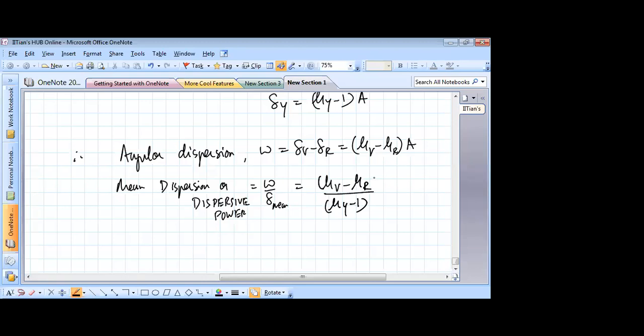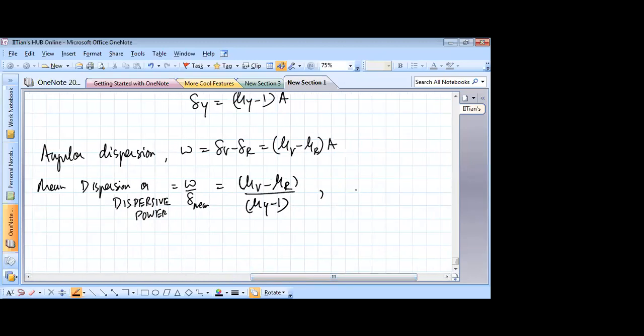Okay. So these are just a couple of formulas to remember, where in case mu of yellow is not known separately, then approximate it as the arithmetic mean for violet and red.